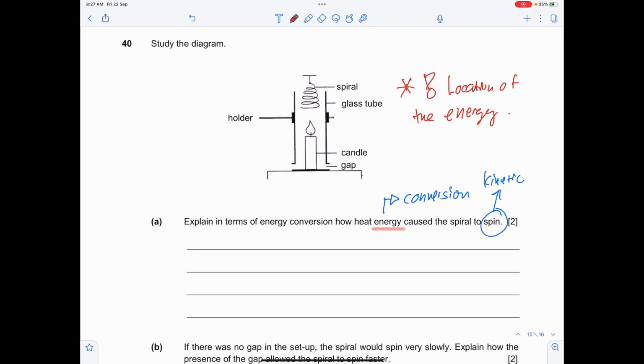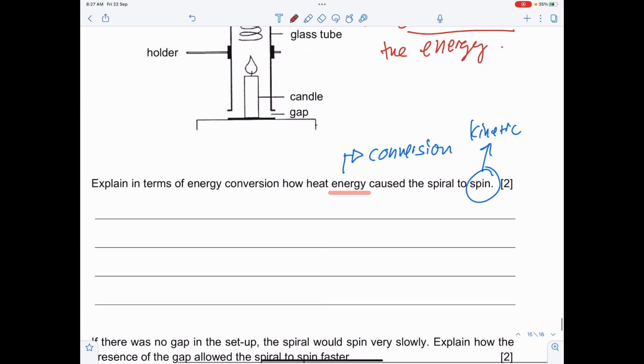You have to tell me more heat energy of the candle or of the flame is converted to more kinetic energy of the air surrounding it, which is then converted to more kinetic energy of the spiral. It needs to be that way. If you don't tell me the location, you don't get the marks, because there could be more than one item or more than one location where it has kinetic energy. You have to identify that.